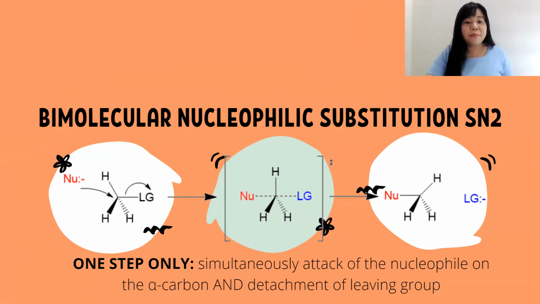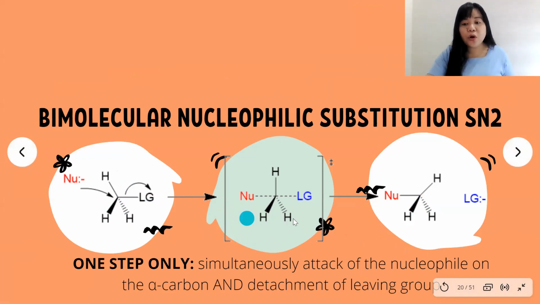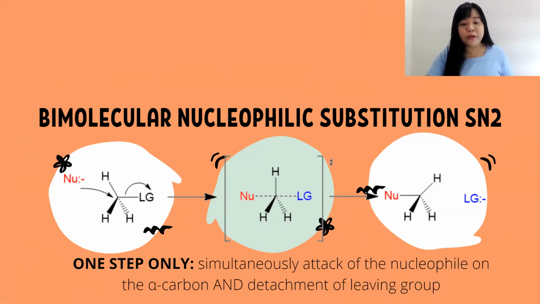So here's the reaction mechanism for SN2 reactions. First, notice that we have the substrate and the nucleophile here, and the whole reaction occurs in one step only. So there's a simultaneous attack of the nucleophile on the alpha carbon and detachment of the leaving group.